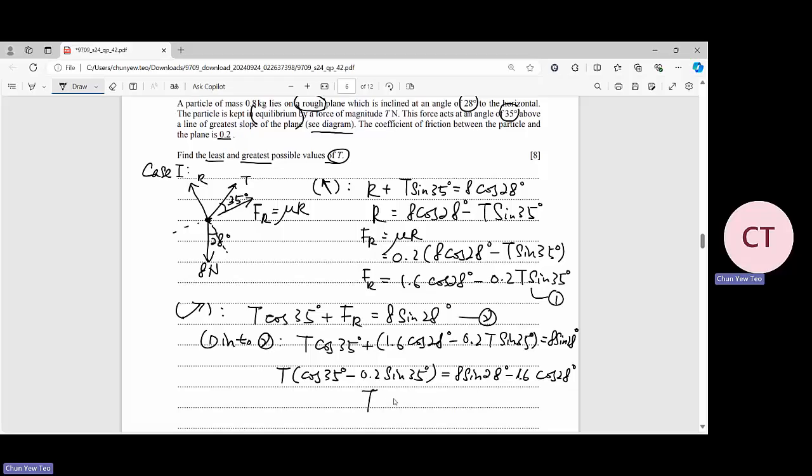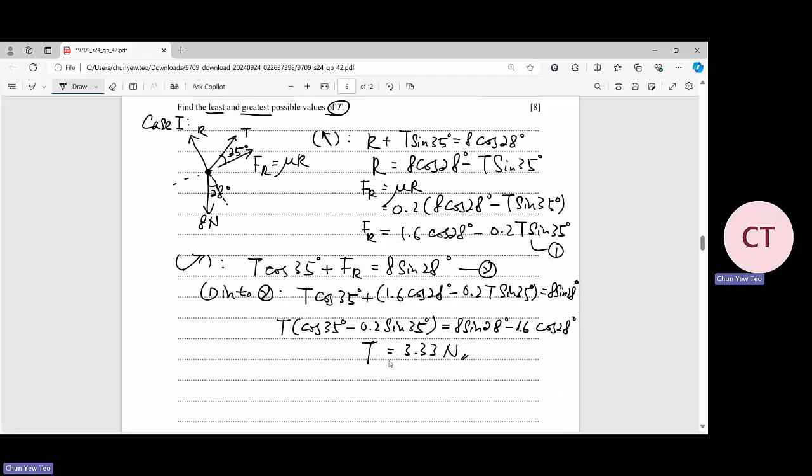Just press the calculator like that and get T as 3.33. So is this T the least value of T or the max value of T? Over here, this one is the least value of T.